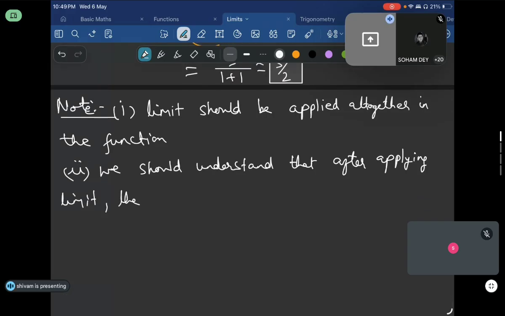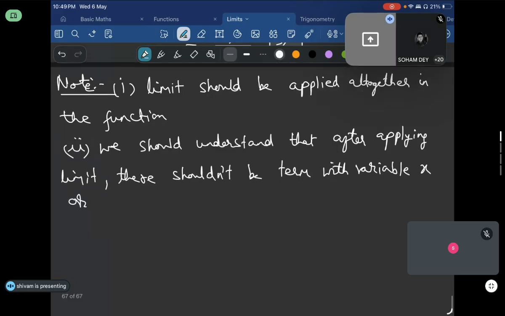there shouldn't be any term with variable x, or there shouldn't be any indeterminate form left.